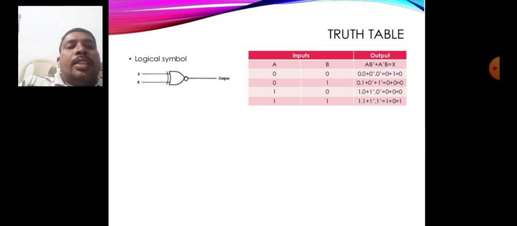Only in one condition, if both inputs A and B are high, that is 1 and 1, is the output high, that is 1. Otherwise, in the remaining three situations, the output is only 0, that is low.